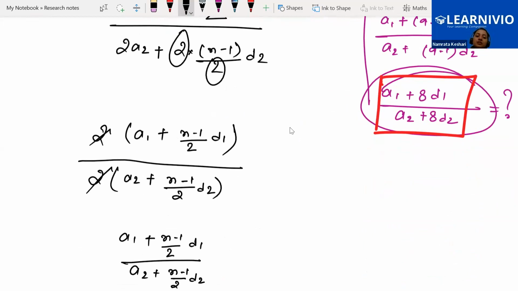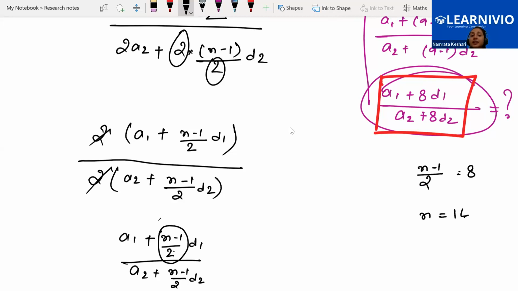Now this (n minus 1) by 2, at the place of this, if 8 will be there, then it will be so simple to say what will be the ratio, right? At the place of (n minus 1) by 2, if 8 will be there, what will be the n value? N value will be 16.